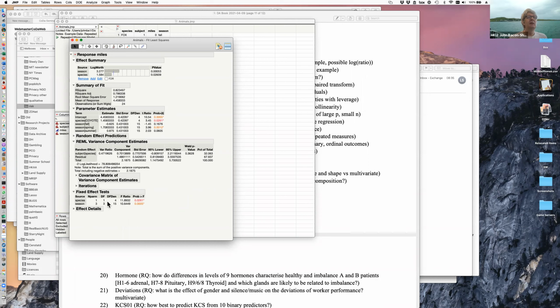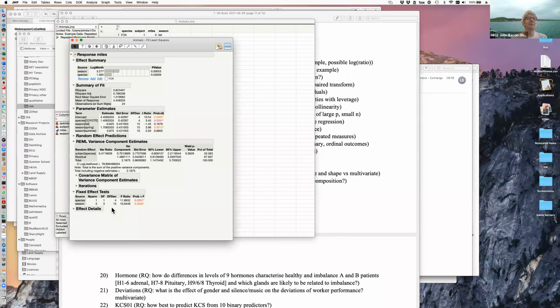So you'll notice, okay, degrees of freedom, that's easy, right? There's two species, so there's going to be 1 degree of freedom in comparing species. 4 seasons, so 3 parameters, 3 degrees of freedom. But look at the degrees of freedom of the denominator, and you will see species is only 4 and season is 15. So why is that going to be the case? Because for the season, we can basically use all of the data, right?